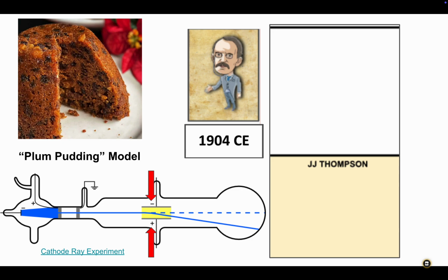If the top plate is negative and the bottom plate is positive, what charge does that beam of light carry? It's repelled by the negative charge, and it's pulled by the positive charge. So it has to be negatively charged.